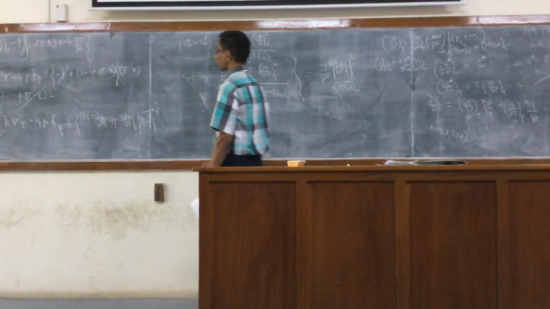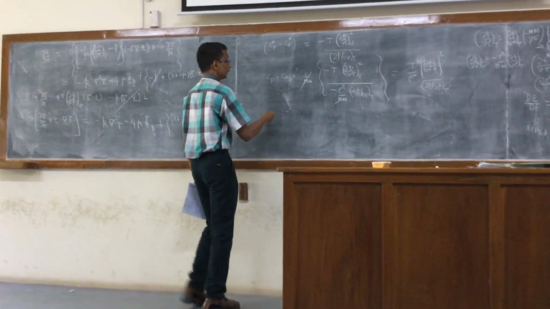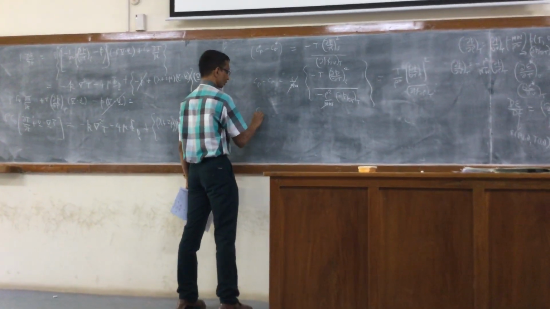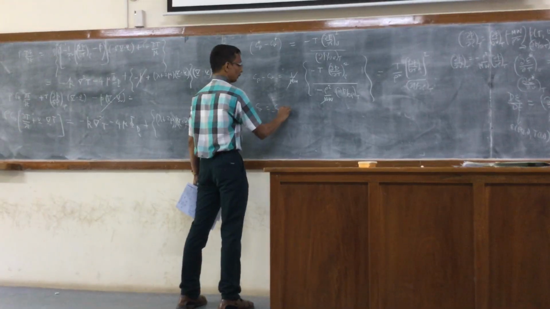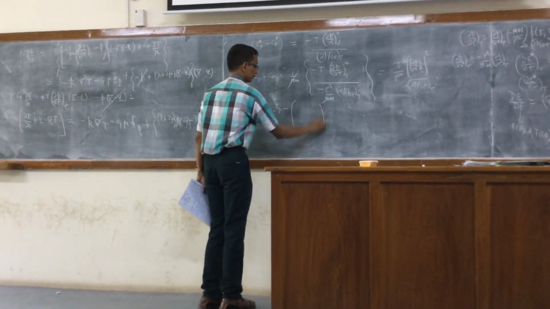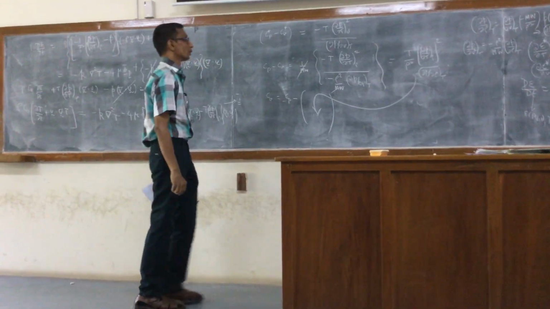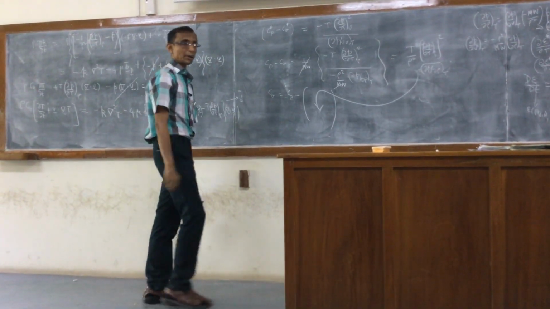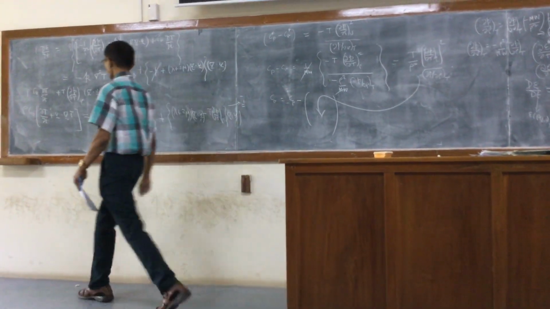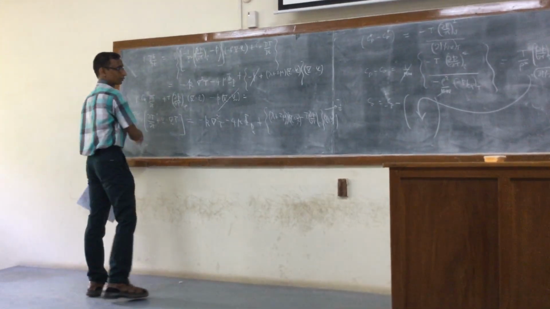I will put all of this together. We want Cv in terms of Cp, so Cv is Cp minus all of this. All I have to do is substitute it here.